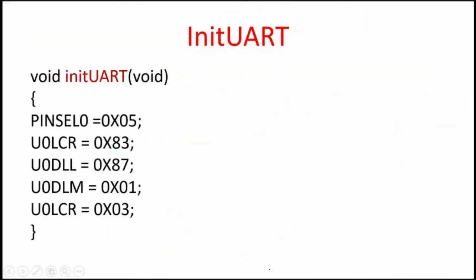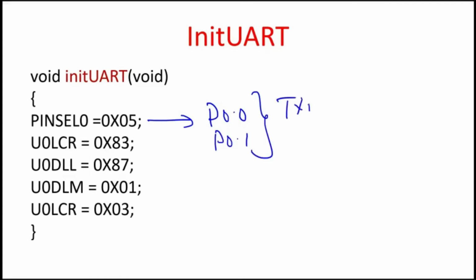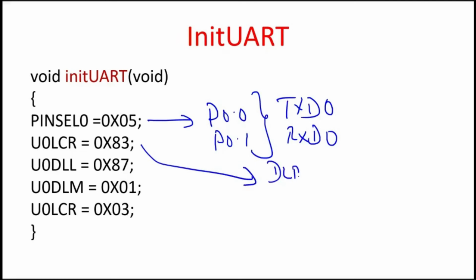Pin select equal to 05 means port 0.0 and port 0.1 are configured for the transmit and receive data pins, TXD0 and RXD0. UART0 line control register 83 means your DLAB bit equal to 1 and you are setting the first two bits as 1 1 for 8-bit UART.